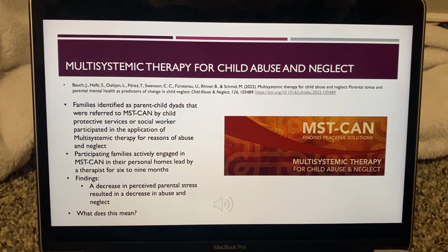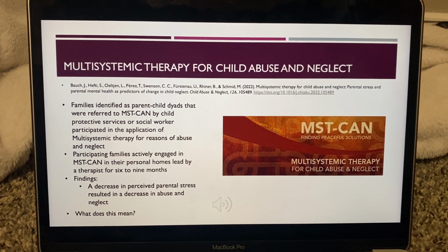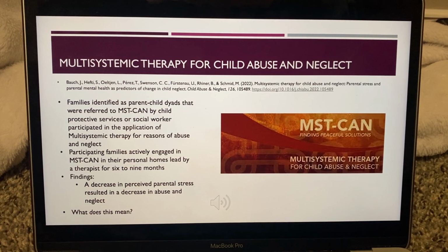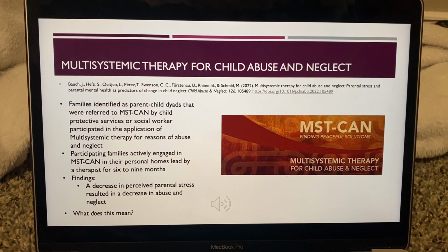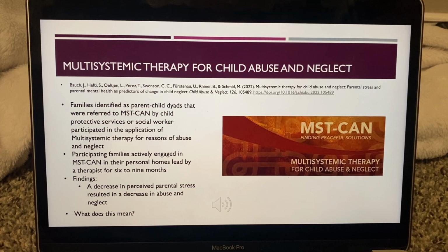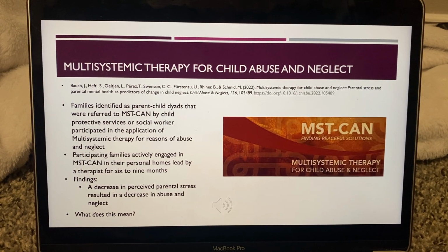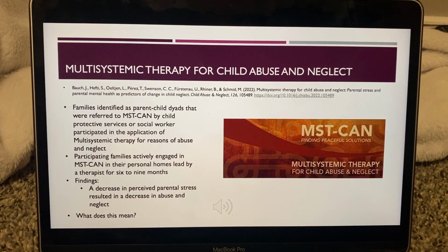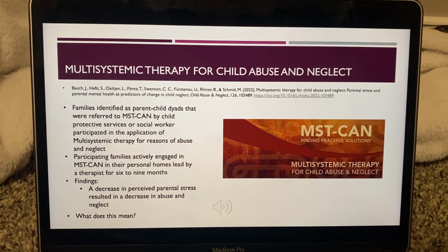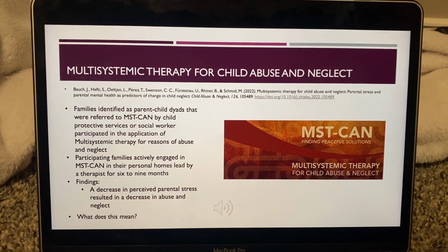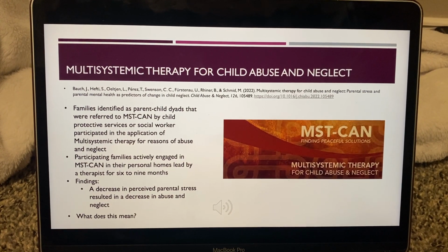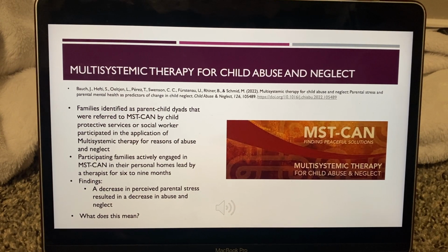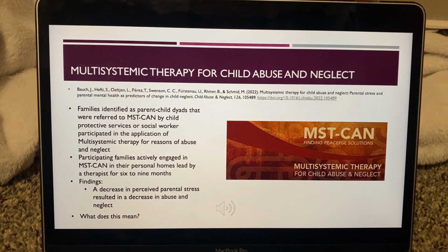In this study, families were identified as a parent-child dyad that were referred to this therapy by Child Protective Services or a social worker. They were also given this therapy for reasons of abuse and neglect. Participating families actively engaged in this therapy in their personal homes, led by a therapist, for 6 to 9 months. The overall finding was that a decrease in perceived parental stress resulted in a decrease of abuse and neglect.